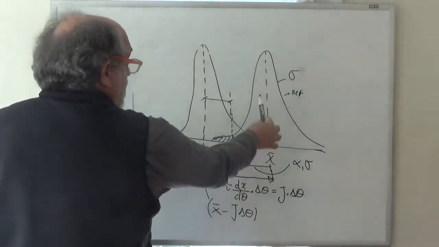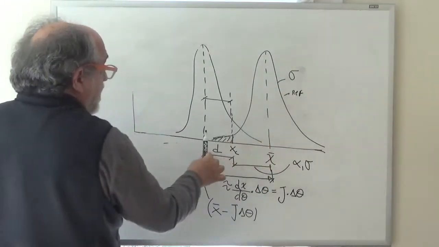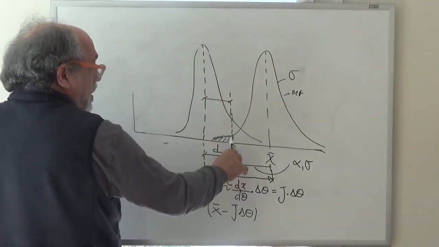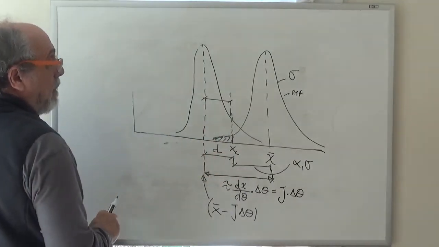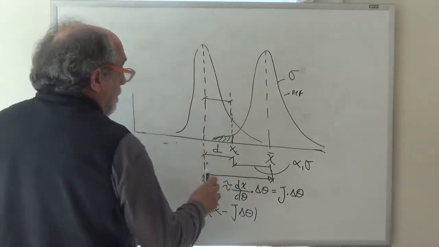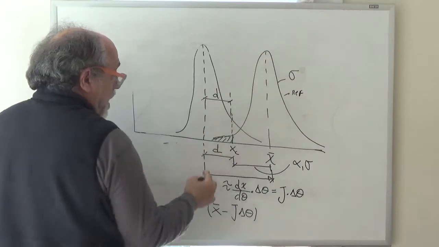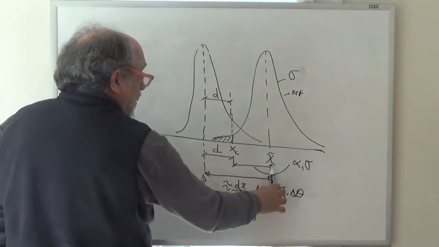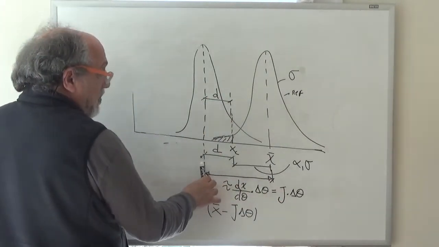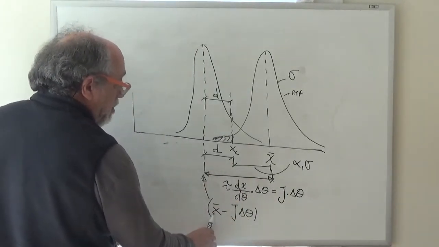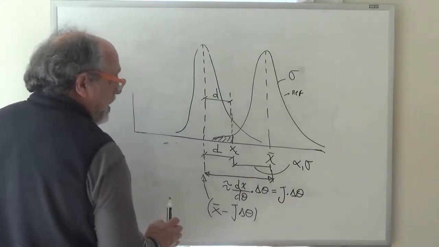First, as far as the sketch, this is the mean of the undamaged distribution. This is the mean of the damaged distribution. This is the critical point that defines our type 1 error, right? The distance between this and this I call d. Now, this point moves to the left by the Jacobian times delta theta, so this point is x bar minus the Jacobian times delta theta.